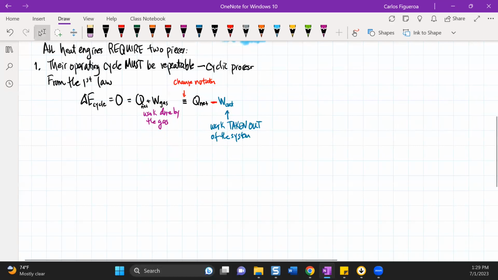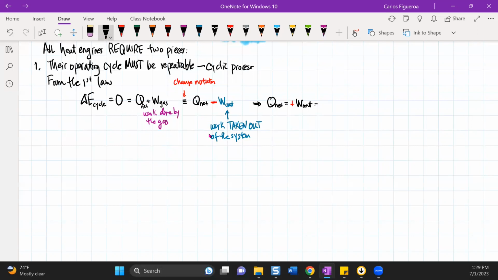So then here's what we're saying here. That means that if I rewrite this whole thing, this then tells us that Q net is now equal to plus the work out of that system.